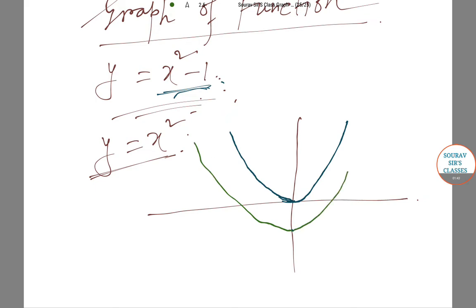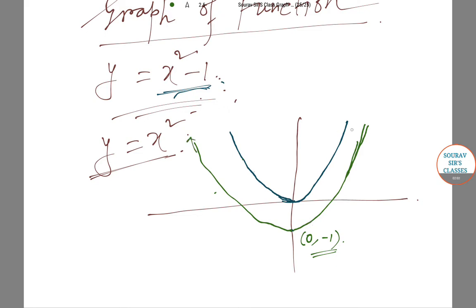This will be the y equal to x squared minus 1 graph. It will be parallel to this, and this point is (0, minus 1).